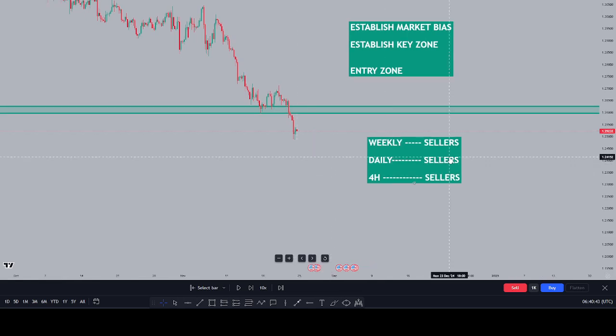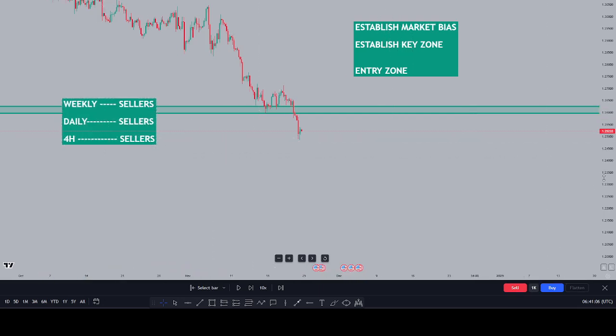There are times that on the weekly time frame sellers will be dominating the market, while on the daily time frame buyers will be dominating the market. But in our next video, we are going to explain that kind of market scenario. In today's video, this is what I want us to focus our attention on so that we can get this secret very well.